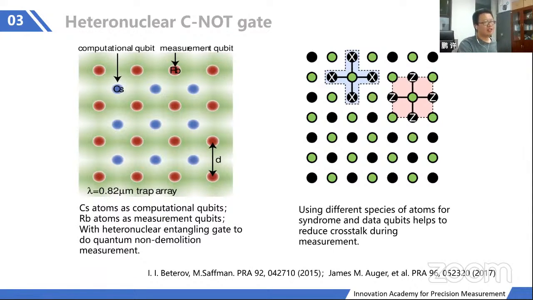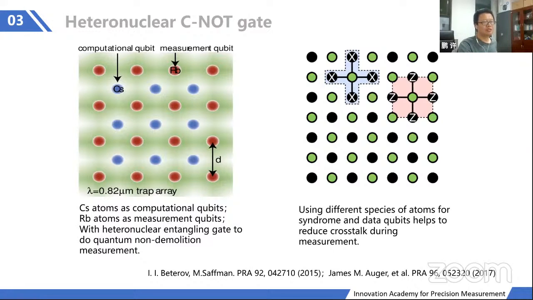Another advantage of the heteronuclear system is that we can use one species of atoms for the computation qubit, and the other for measurement. We can have these two species of qubits executing different tasks simultaneously.